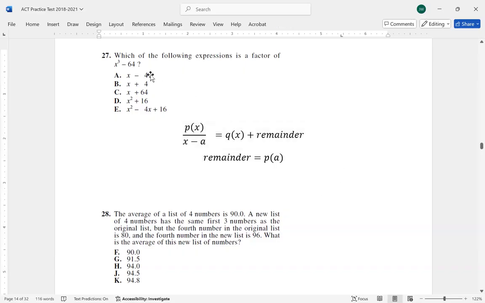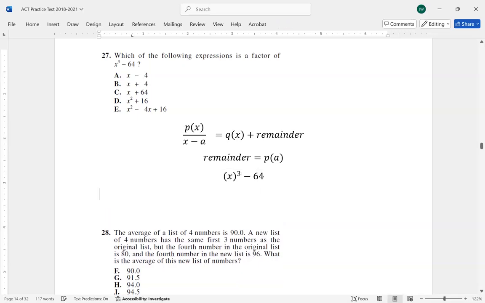So for parts A, B, and C, we have x minus a number. And what I'm going to do is plug in the a value in options A, B, and C and see what happens. So take x to the third minus 64.